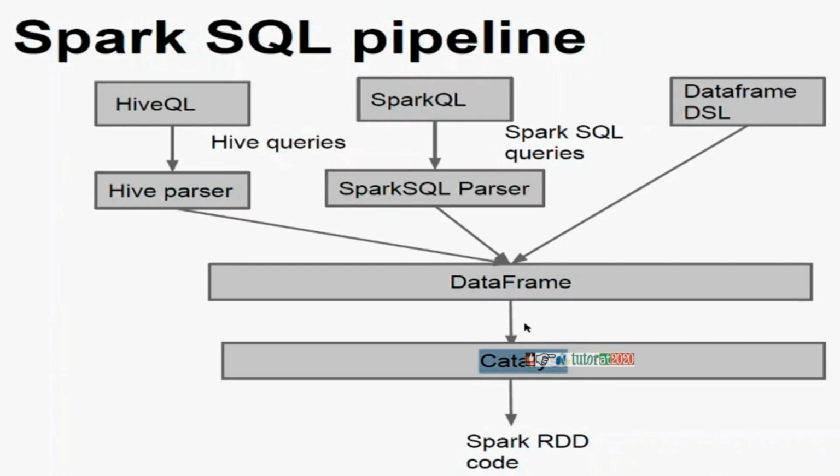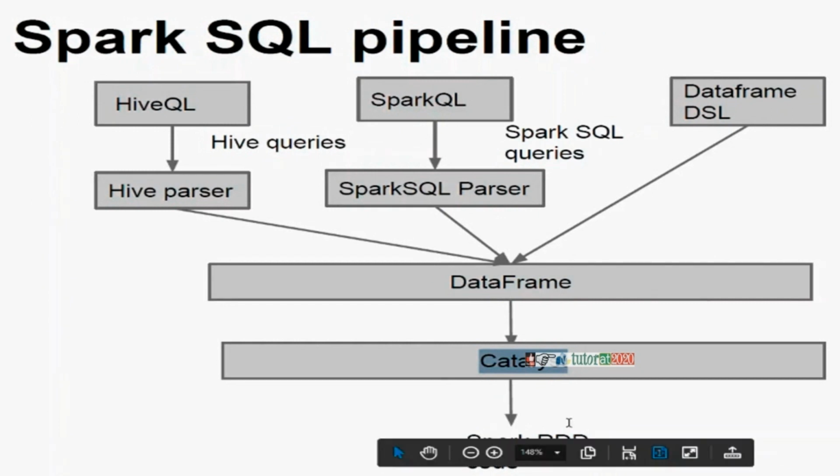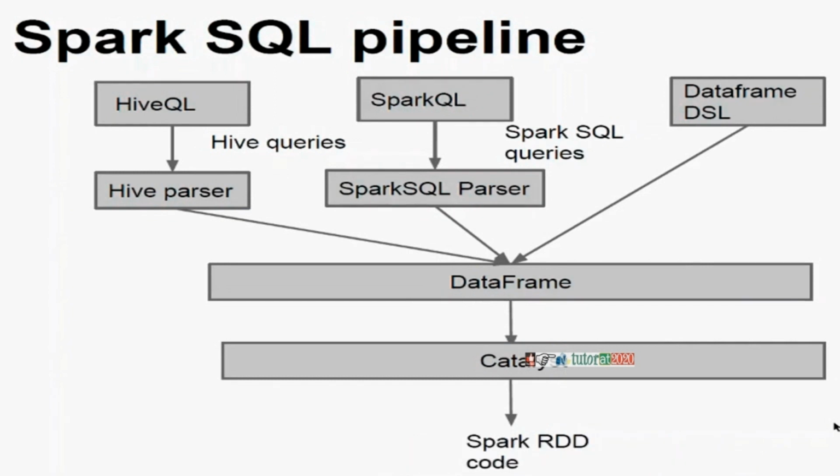However, if you are using data frames, then you will not have that disadvantage, because irrespective of whether you're writing it in Scala or Python or R or any other language, all of them will eventually be converted into Scala Spark RDDs. So that is one advantage of data frames.